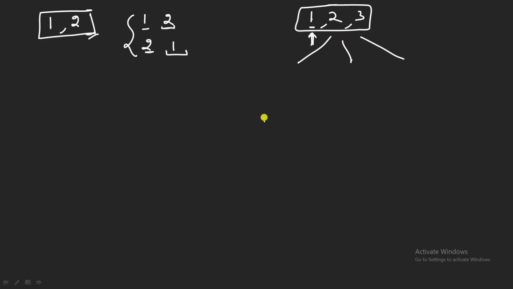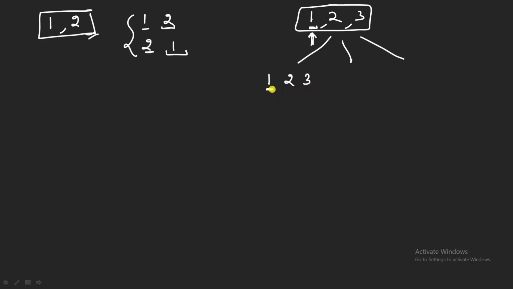Okay, so let's understand with the help of a tree. I will build a tree. At the first position, fix 1. So I will say 1 is fixed at the first position, and the other elements are as such.